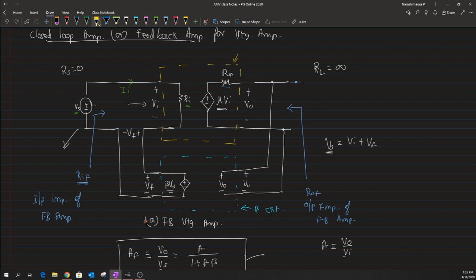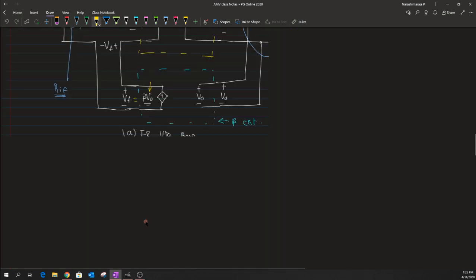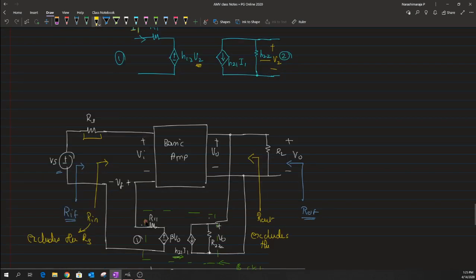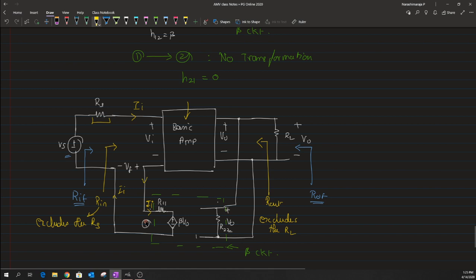Okay, now in this case, let me try to push all these non-idealities to the basic amplifier. The way I can remove this non-ideality from the voltage source Vs is by removing this Rs and pushing it towards the input side.